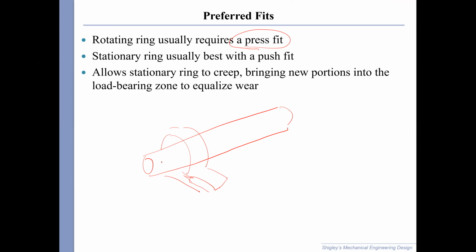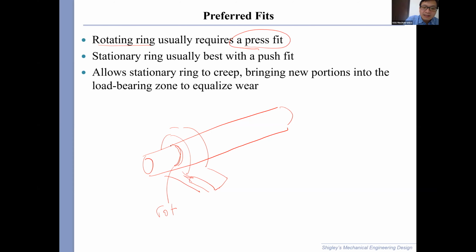Inner, Pak. The inner part is called the rotating ring, right? The rotating ring is usually a press fit. This is to prevent any loosening that might happen on the rotating component. So the rotating ring is usually a press fit.